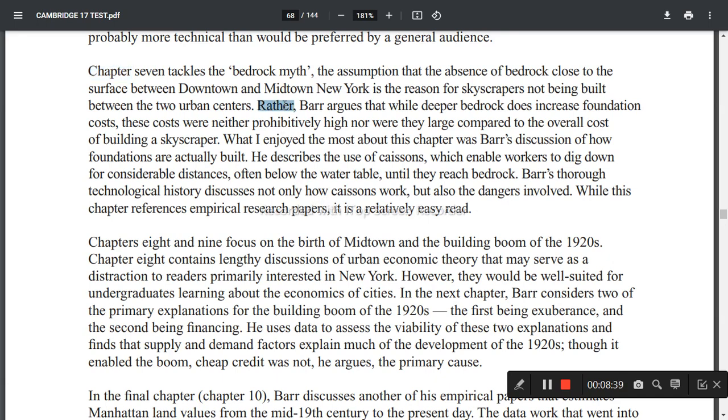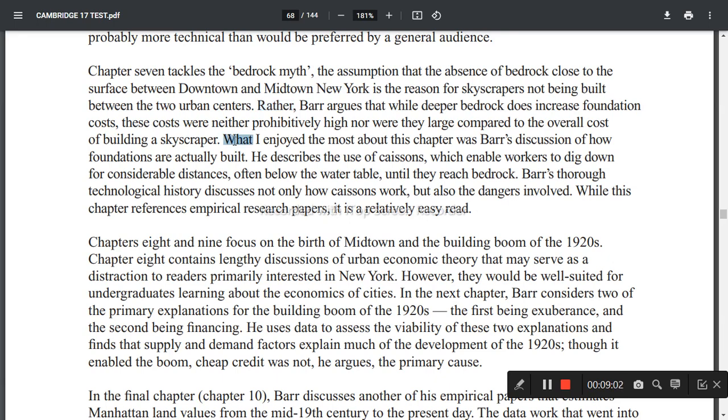Rather, Barr argues that while deeper bedrock does increase foundation costs, these costs were neither prohibitively high nor were they large compared to the overall cost of building a skyscraper.